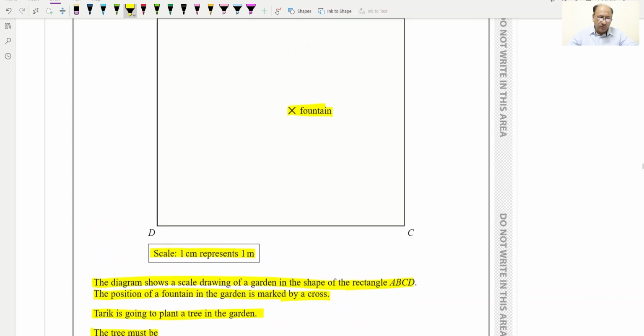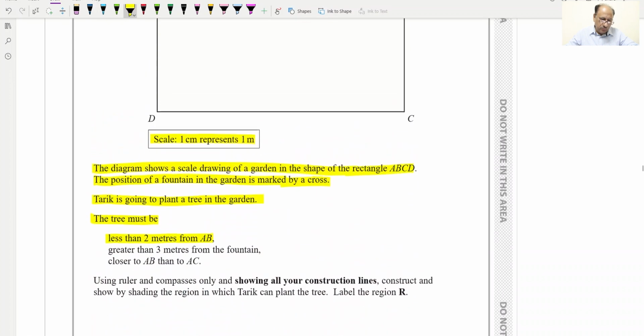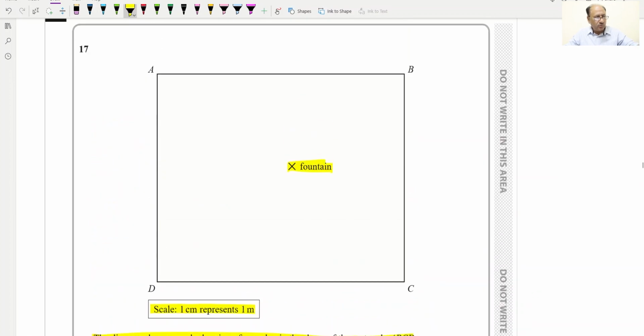So first of all we will draw 2 meters, which will be 2 centimeters. So roughly I will be drawing here a 2 centimeter line, and this will be the line, a 2 centimeter line we can draw like this one.